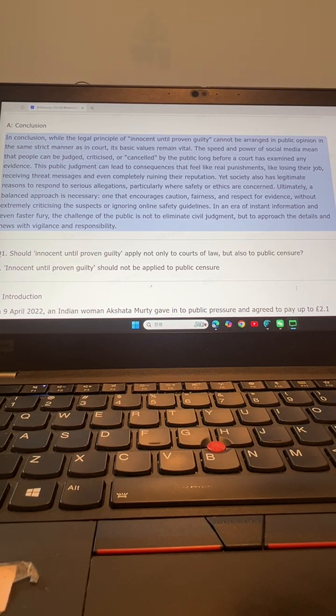First I stated the point that I'm going to make later in the body paragraph, and I wrote that the legal principle of innocence until proven guilty cannot be applied in public opinion in the same strict manner as in court, because it's unreasonable to expect the public to act the same as if they're in a court, because that's probably impossible, especially online.